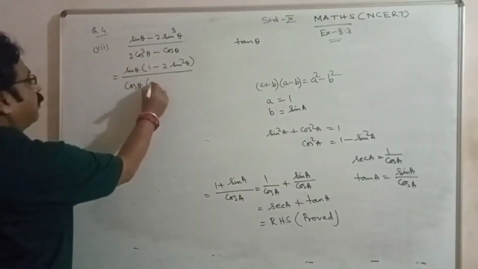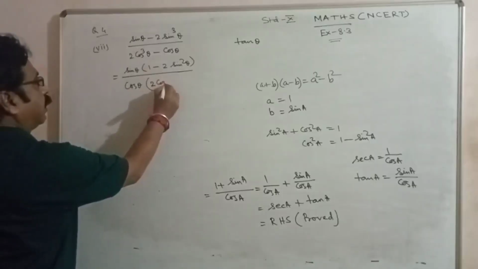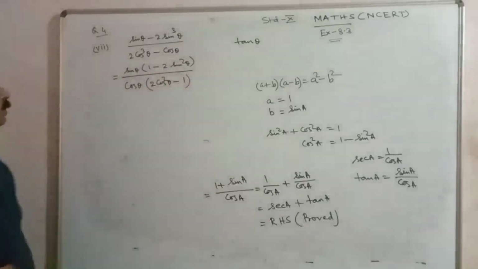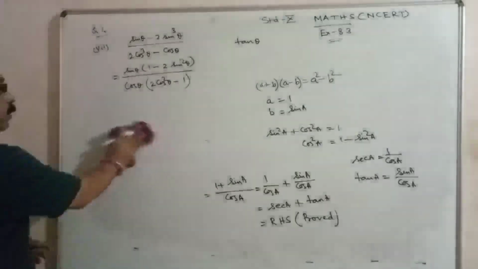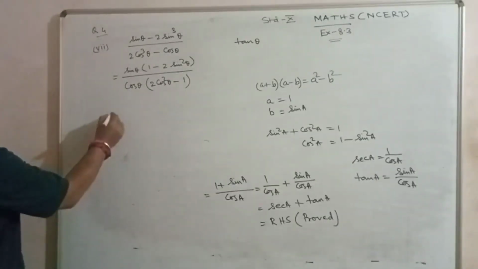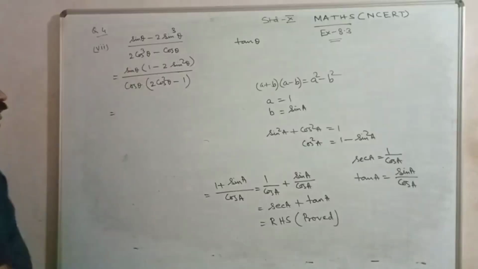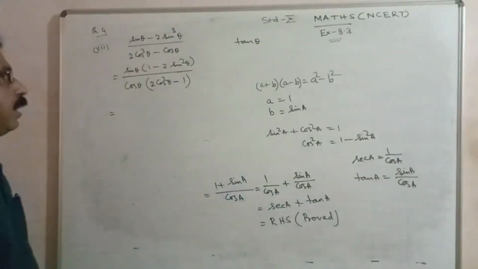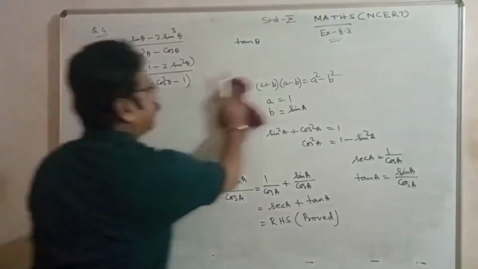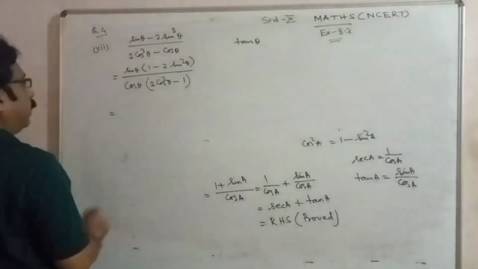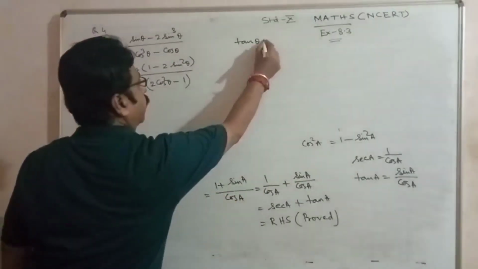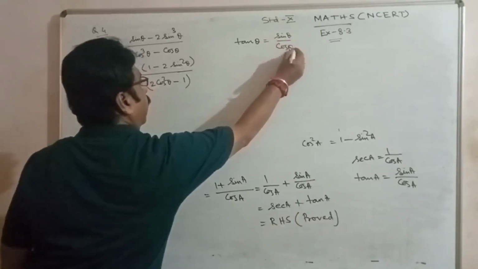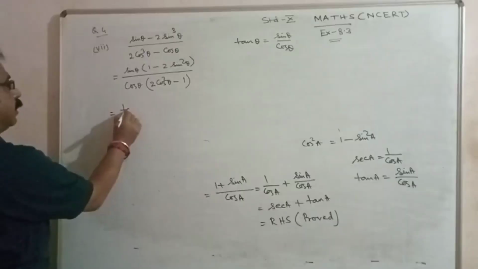It will be 2 cos square theta minus, cos theta is common, 1 will be left. Now sin theta upon cos theta is tan theta. We can write tan theta here.